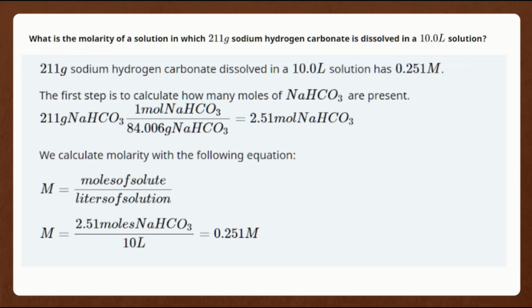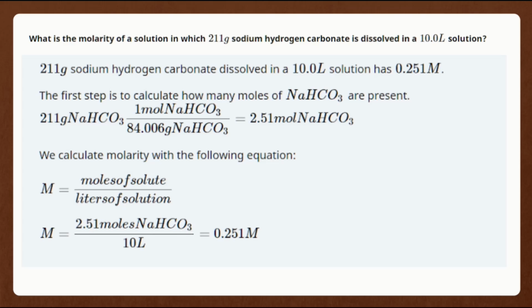What is the molarity of a solution in which 211 grams of sodium hydrogen carbonate is dissolved in 10 liters of solution? 211 grams of sodium hydrogen carbonate dissolved in 10 liters of solution has 0.251 molar.